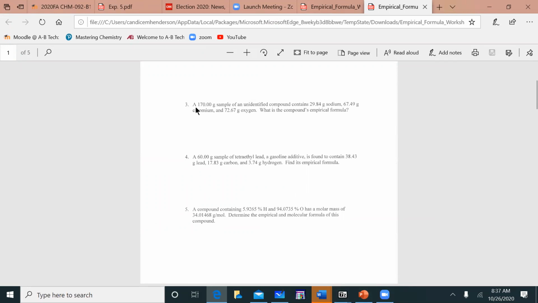Number 3 says we have a 170 gram sample of an unidentified compound. So we don't know the formula. It's 29.84 grams sodium, 67.49 grams of chromium, and 72.67 grams of oxygen. What is the compound's empirical formula? So you go ahead and work on that for 4 minutes, and then we'll reconvene.